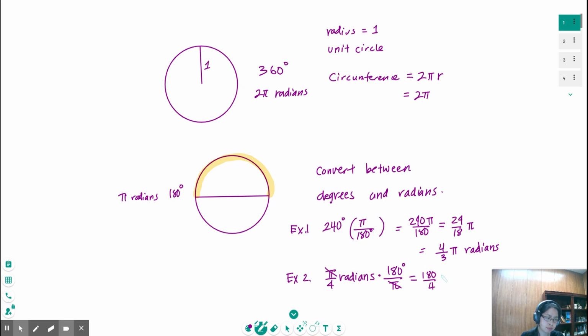That cancels out. By dividing it by 4, we get 45 degrees. Okay, so we can go forwards from degrees to radians by using pi over 180, or you can go the other way from radians to degrees by using 180 over pi.